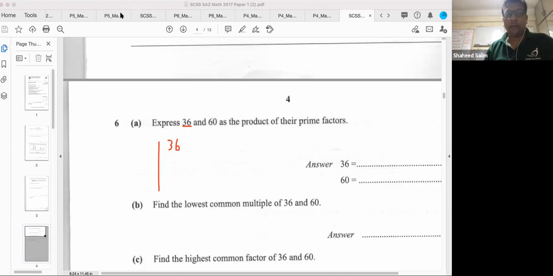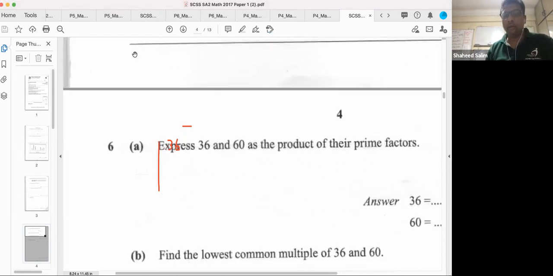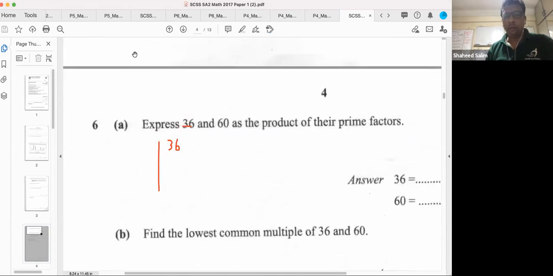Maybe you see the wrong number. Can you see now? So you must give me prime factorization, which is like 2 to the power of 3 times 3 to the power of something like that.